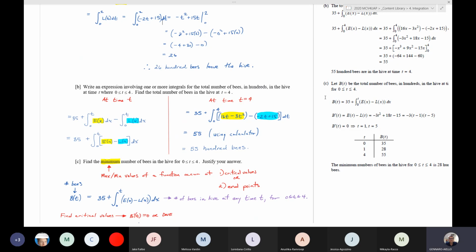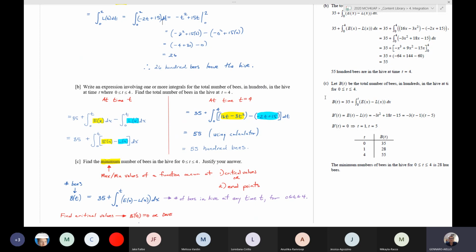So if we want to know the total number of bees in the hive at some value of t, keep in mind, t is not 1 or 2 or 3, it's any value in between 0 and 4. So we're going to write an expression that will allow us to sub in any value of t later on to find the total number of bees in the hive.